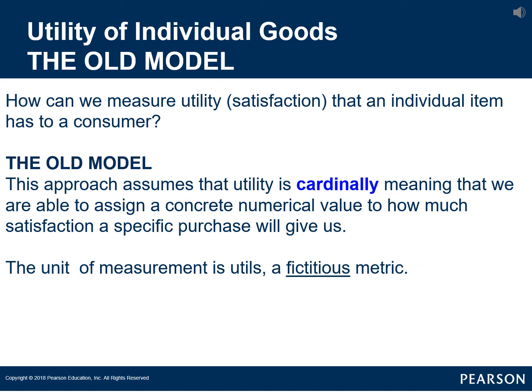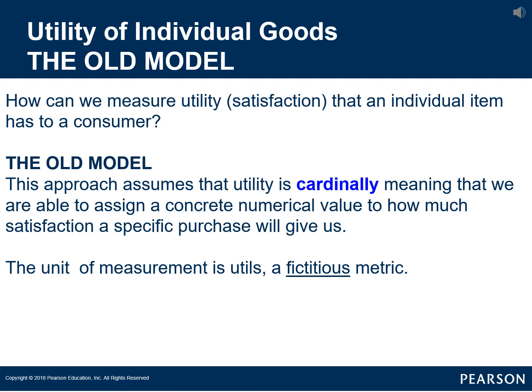So the first thing that we are going to look at is the first aspect of why people buy what they buy, which is that people purchase goods because they get some sort of use or satisfaction out of the good that they are purchasing. Now, historically, satisfaction was measured by a nominal numerical value.